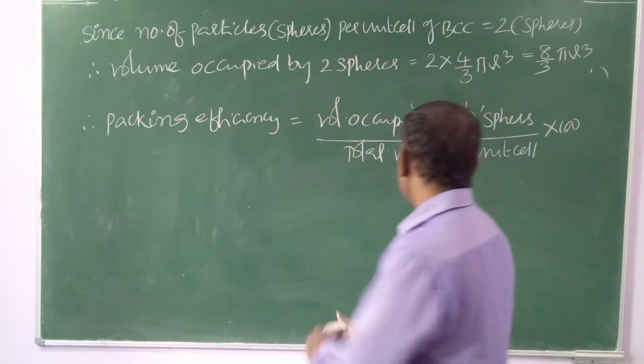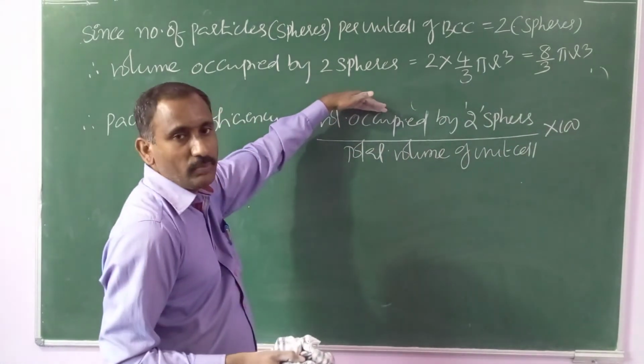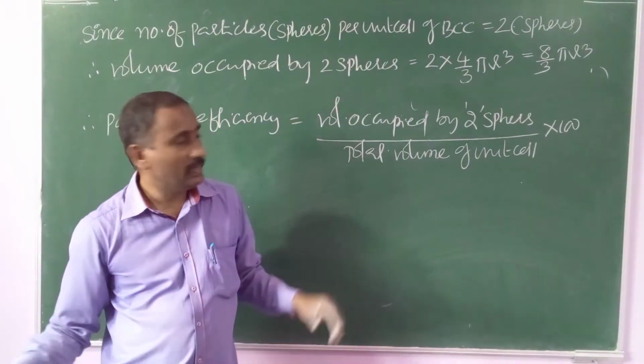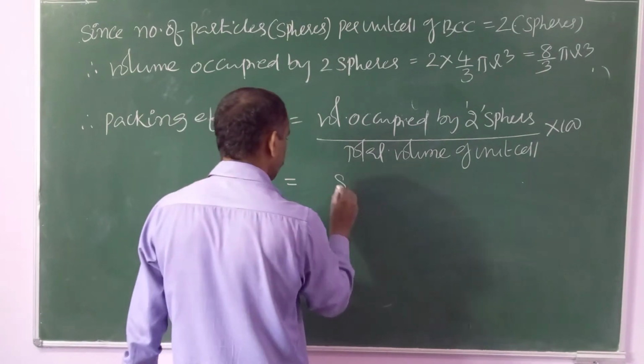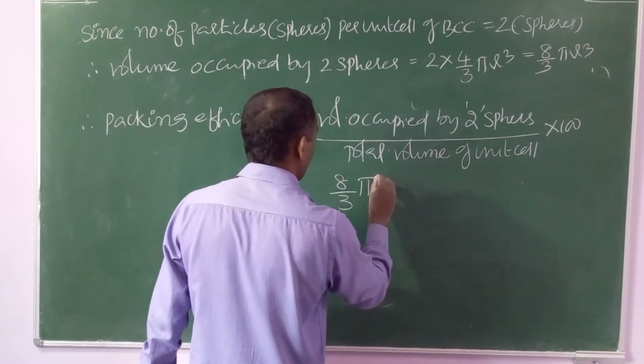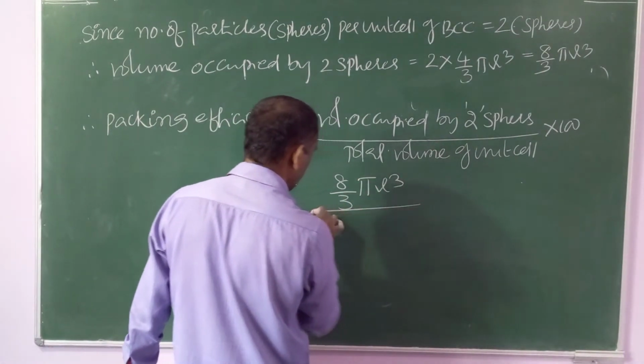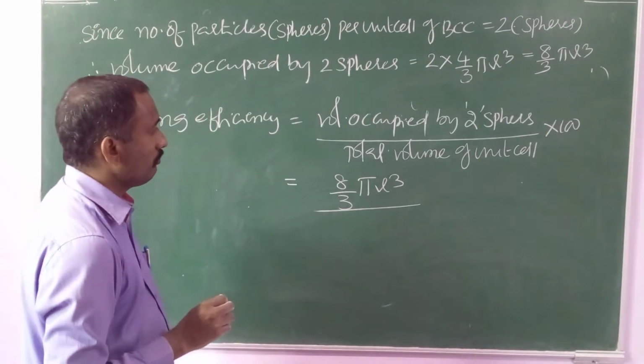Volume occupied by 2 spheres, how much? 8 by 3 pi r cube by total volume of unit cell.